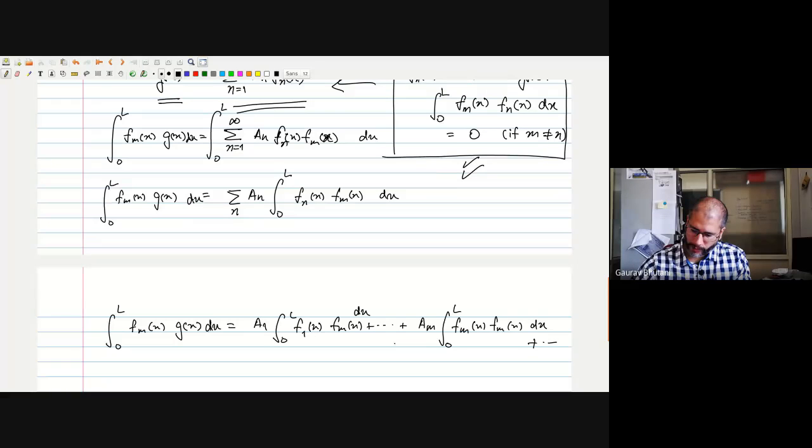All of these will be 0 except this one, from the idea of orthogonality.